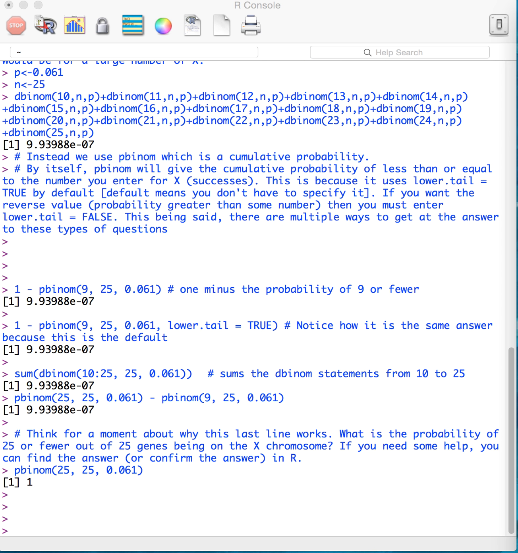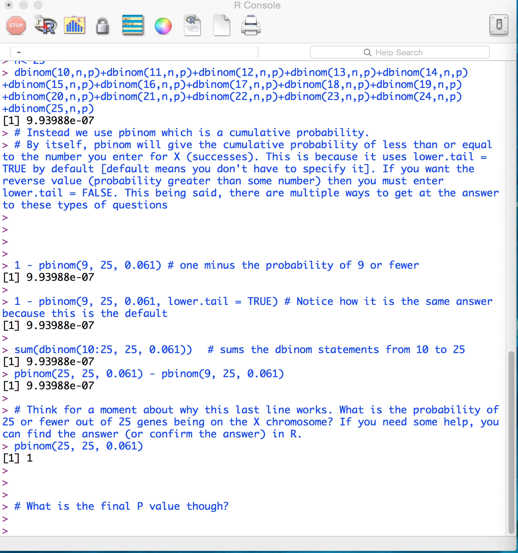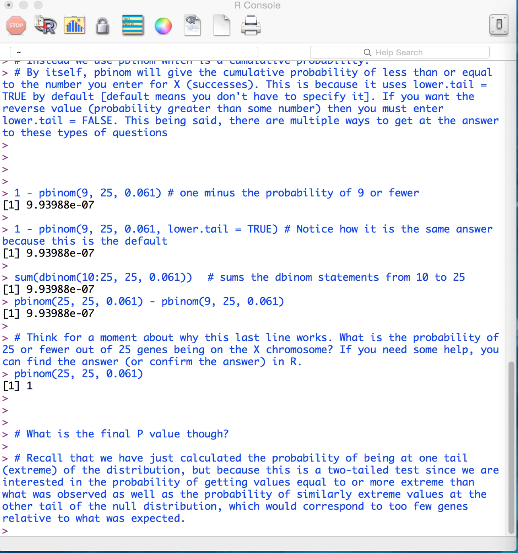All right, so what is the final p-value, though? In order to figure out the final p-value, and this is why we didn't talk about this before when we were looking at binomial distributions, we have to think about 1 and 2 sample tests. And remember that most of the tests that you do are going to be two-tail tests.